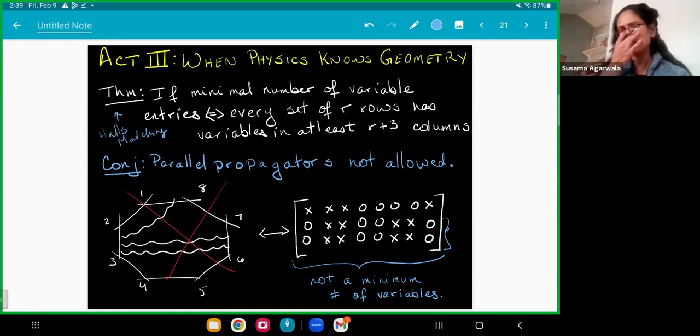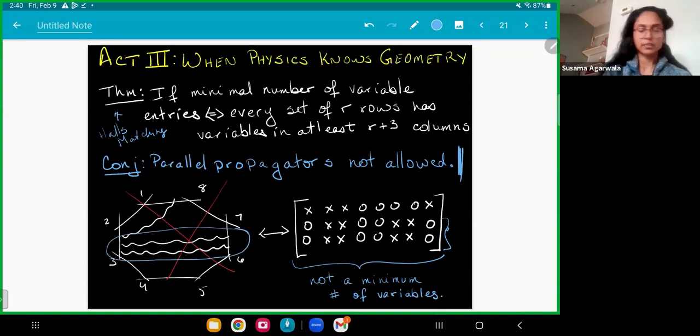So, well, that's interesting. Why am I bringing this up? The reason is that, again, coming down from above is this observation, a conjecture, that I can't have parallel propagators. So this picture here is exactly those 2 rows that I've been talking about. It corresponds exactly to those 2 propagators, which are parallel. But what do I mean by parallel? They start and end on the same edge in my diagram.